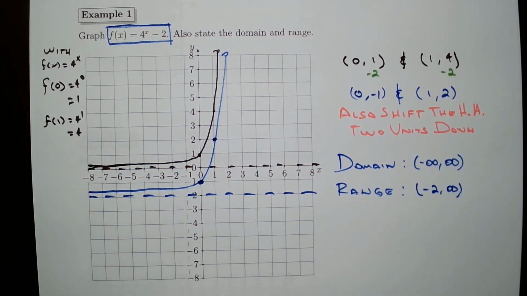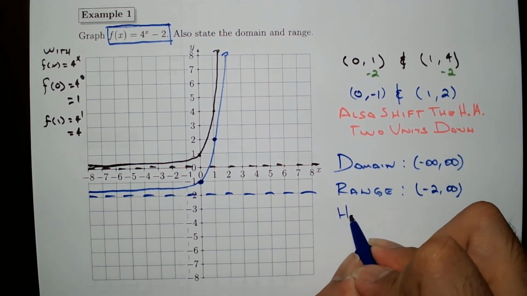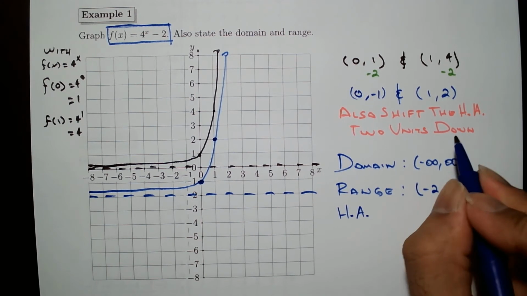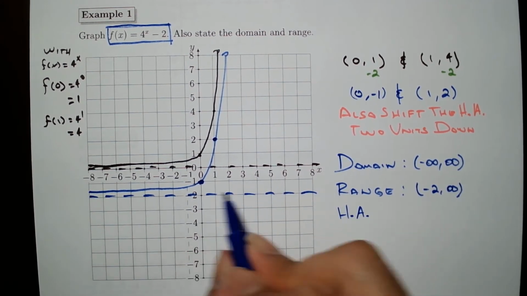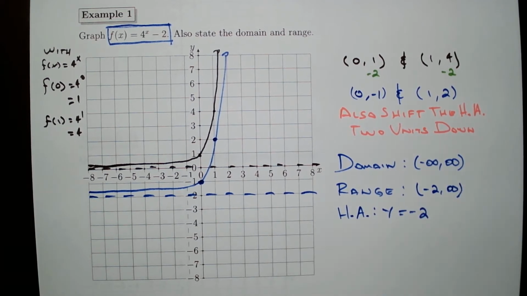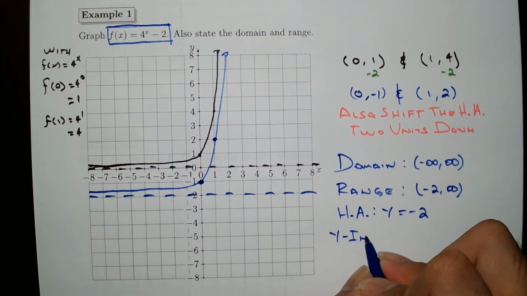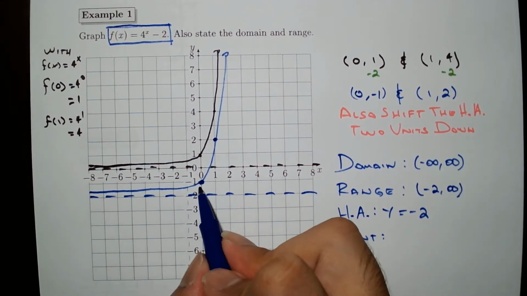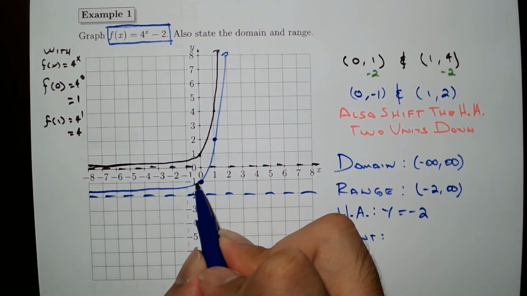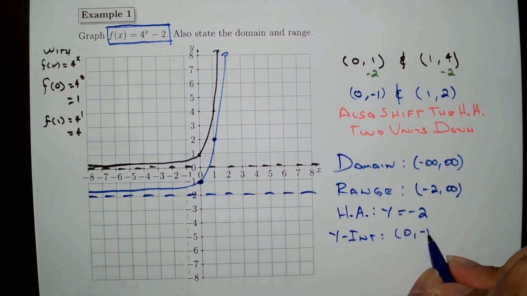And the horizontal asymptote, because it got shifted 2 units down, is going to be the graph of y equals negative 2. And finally, we have a y-intercept, which is the point where it crosses the y-axis, that is 0, negative 1.